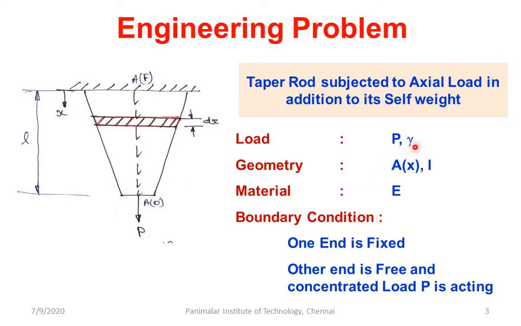So the self weight is a variable load. That is why the load parameter is also variable, and the geometrical parameter is also variable. That is why this taper rod problem will yield a non-integrable equation, and so it is not possible to get the exact solution.